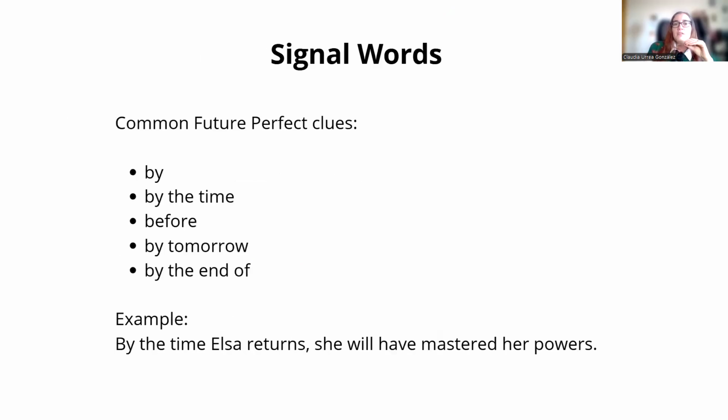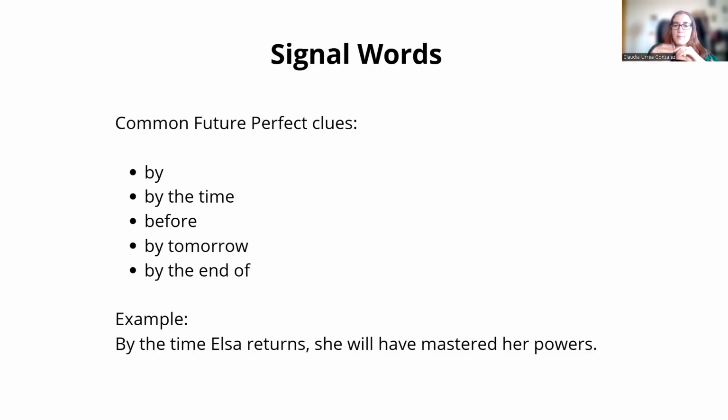Okay, so we have some signal words that are going to help us to build these sentences. We have by the time, before, by tomorrow, by the end of. In every case, we're speaking about time.